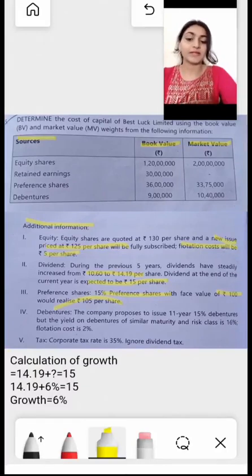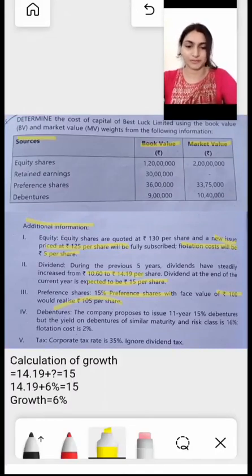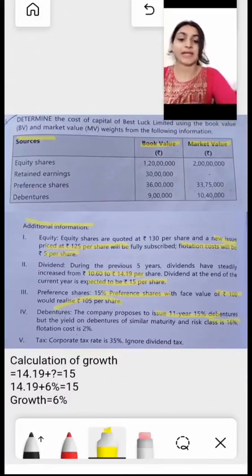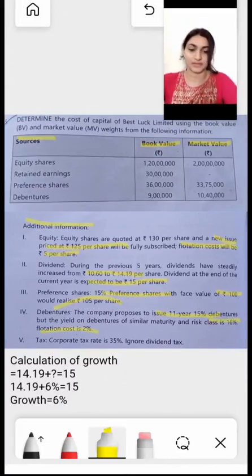Next, they have given debentures. The company proposes to issue 11-year 15% debentures. Yield on debentures of similar maturity and risk classes 16% and flotation cost is 2%.